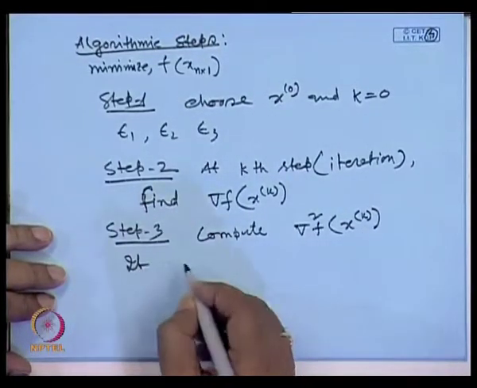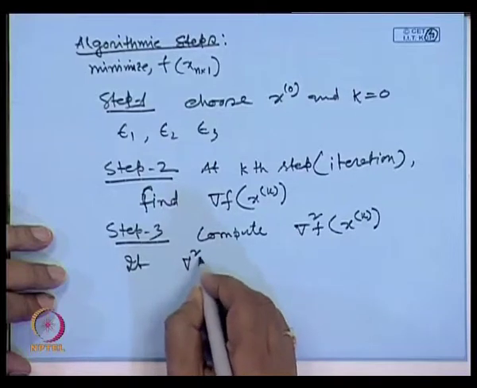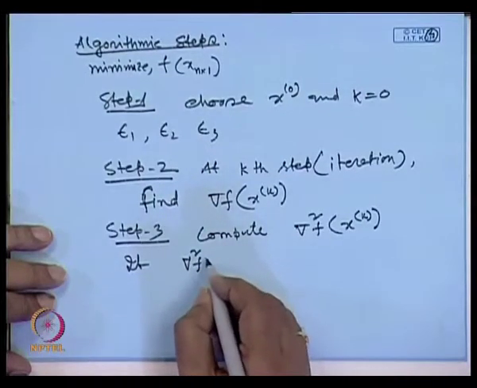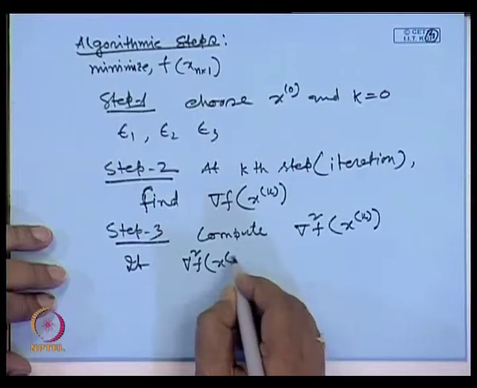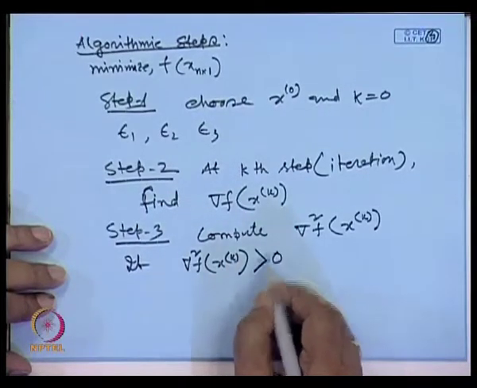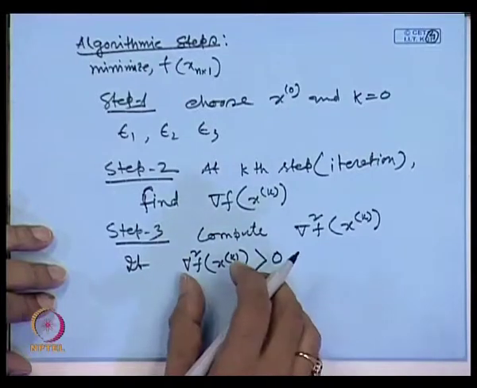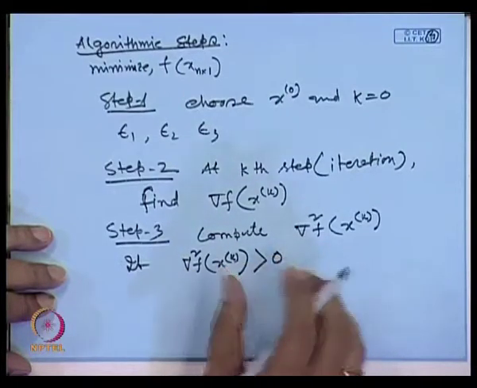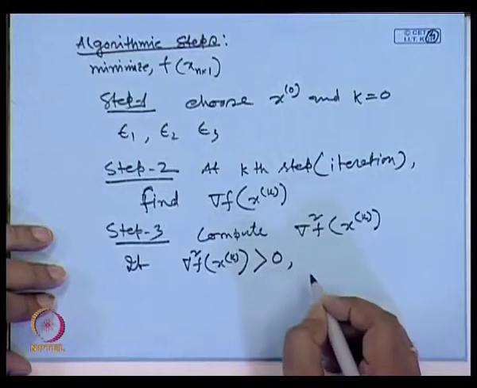Now, check if the Hessian matrix of the function at the kth step is greater than 0, means a positive definite matrix.